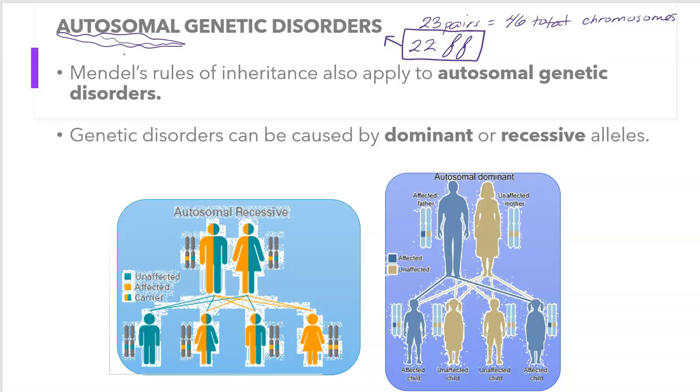The last pair, that 23rd pair, is our sex chromosomes. And we talked about this earlier, but they're represented as X and Y's, and it's not because they look like X and Y's, it's just what we call or refer to them as.